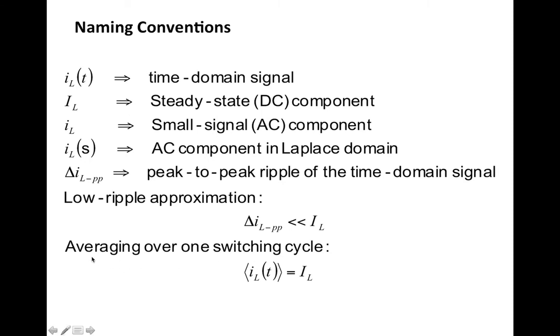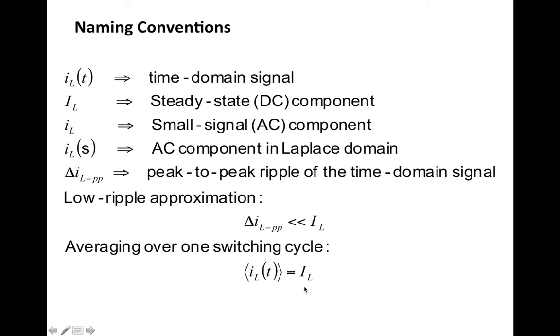And also we use the averaging over one switching cycle in both first part and second part, and we use this notation for that. Under a steady state assumption, this average over one switching cycle is basically the same as DC component.